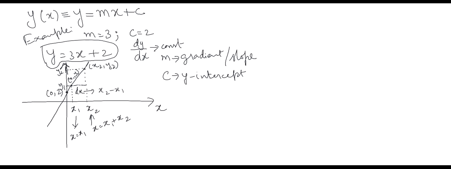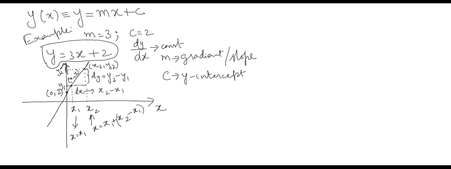Similarly, this is going to be our dy, the extra bit that has changed. So this is going to be y2 minus y1.